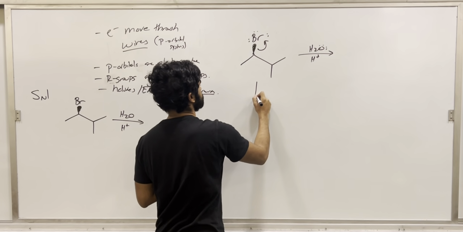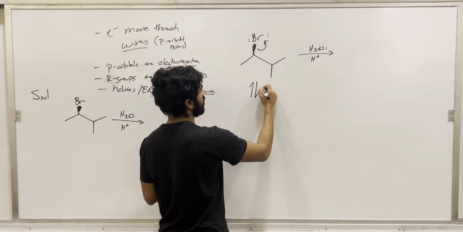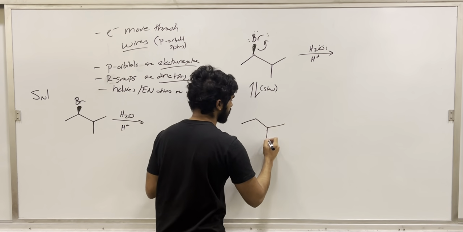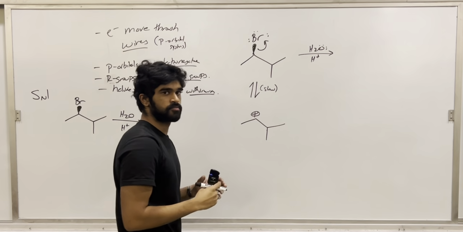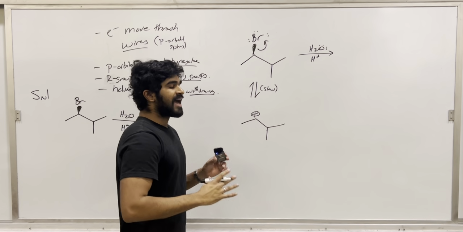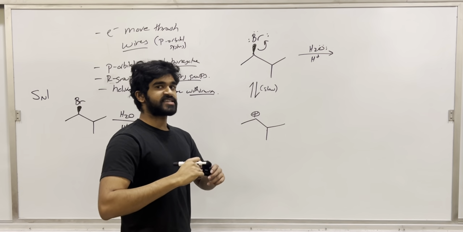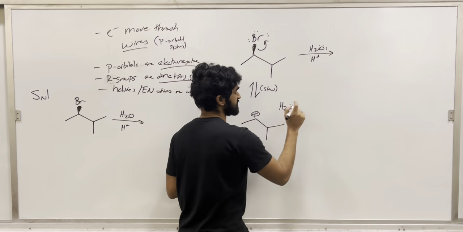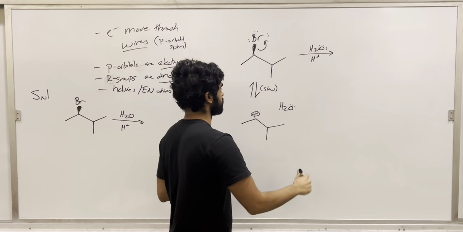The leaving group leaves. And we get the slow step, which is the formation of the carbocation. Right? And organic chemistry students who learned SN1 will hop on this bandwagon and go, hey, I know what happens. Everyone put your pens down. Everyone, pens down.